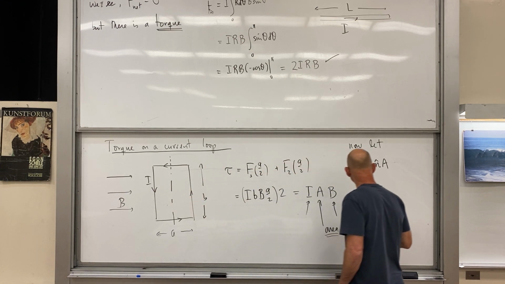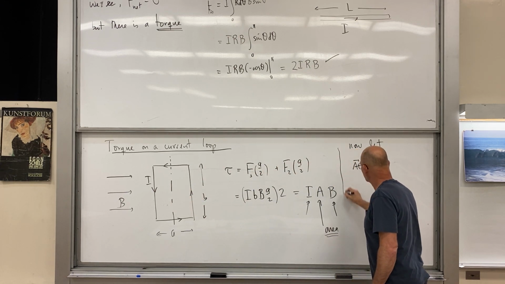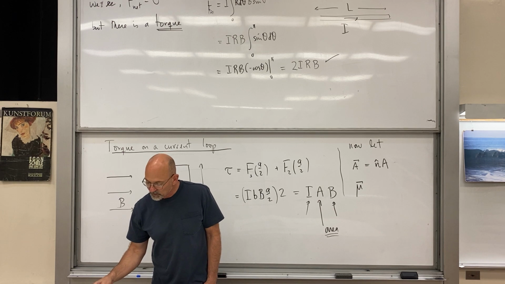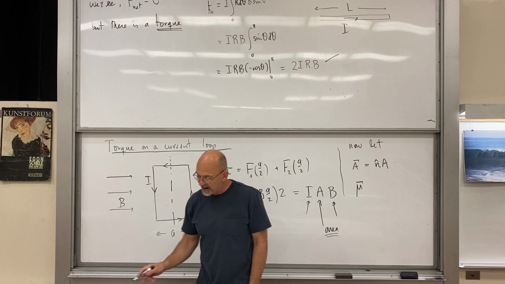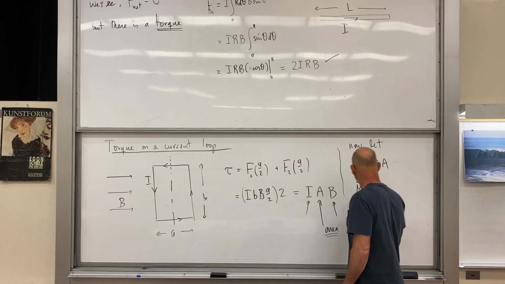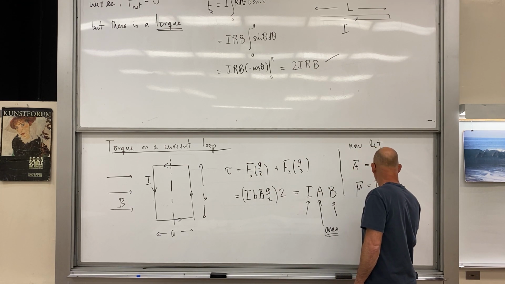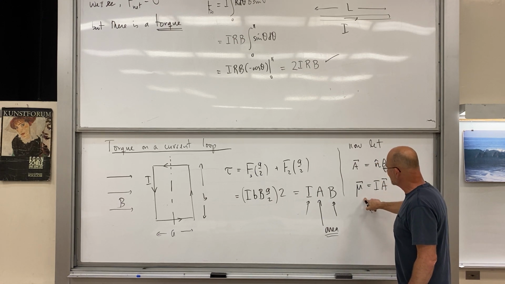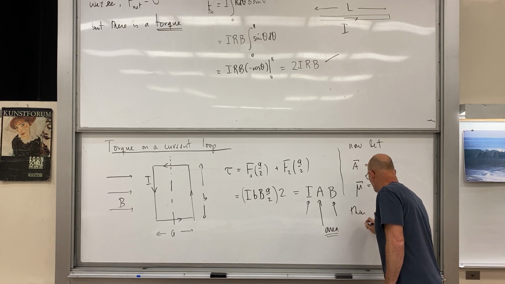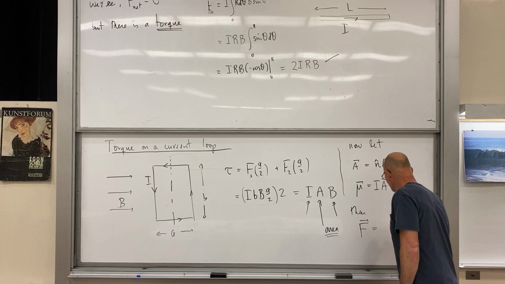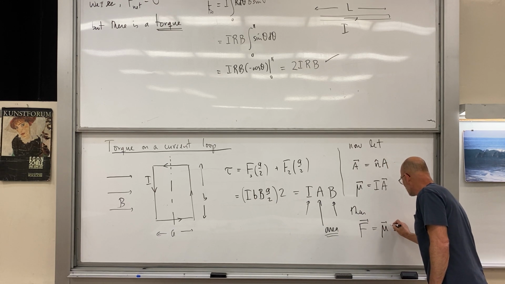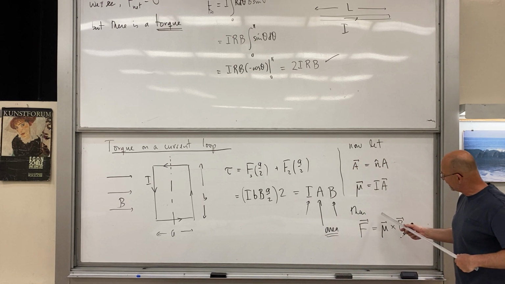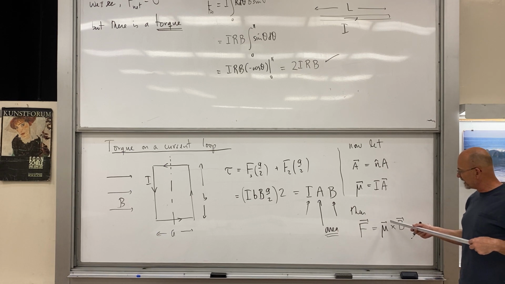Okay, surface normal, and then we're going to continue to define mu as the magnetic moment. We're using mu here. Yes, we are. I times A, and then we're going to end up with tau is equal to mu cross B. So this magnetic moment is containing the current and the directed surface area.